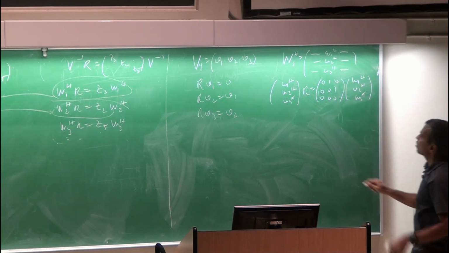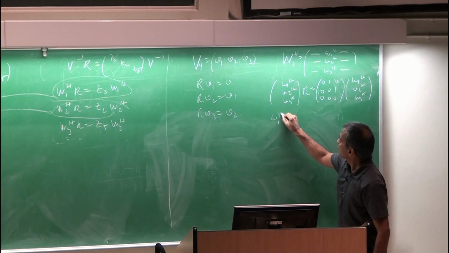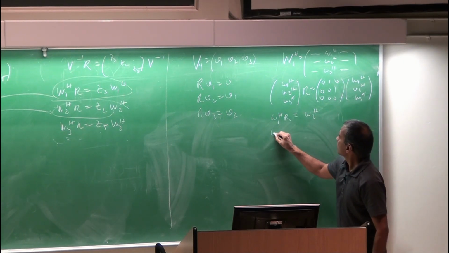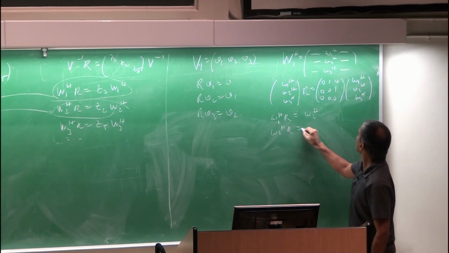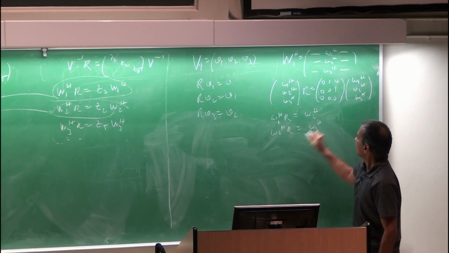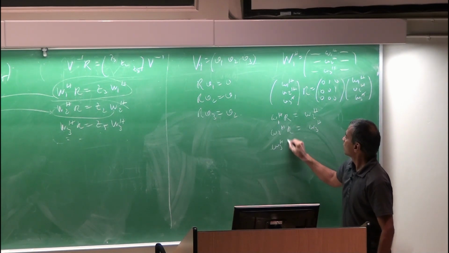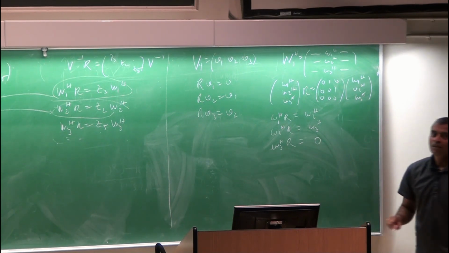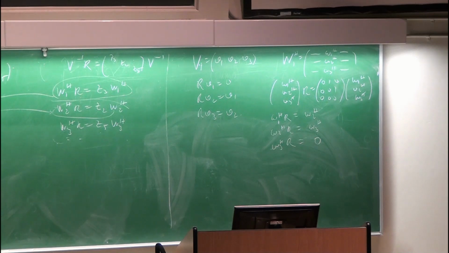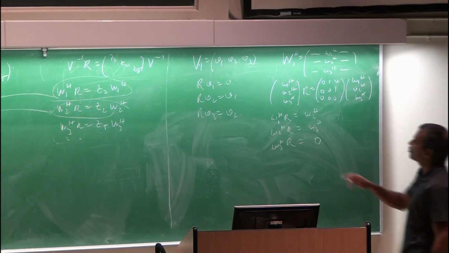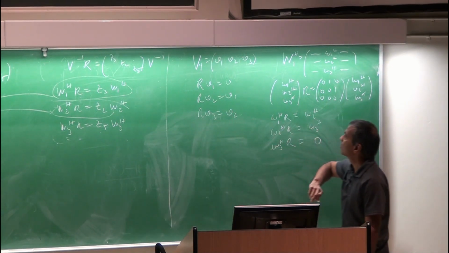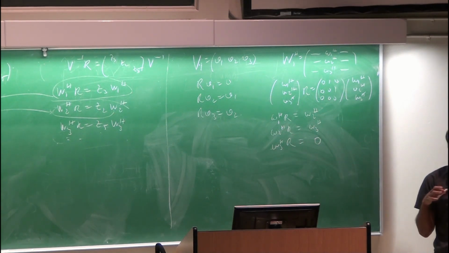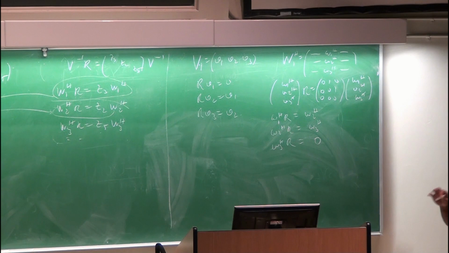If you look at the first two on both sides, we get W1HR is equal to W2H, and then W2HR is equal to W3H, and W3HR is equal to 0. So we notice that these V1, V2, V3 is called a right Jordan chain, and W1, W2, W3 is called a left Jordan chain, but the ordering is opposite of each other.